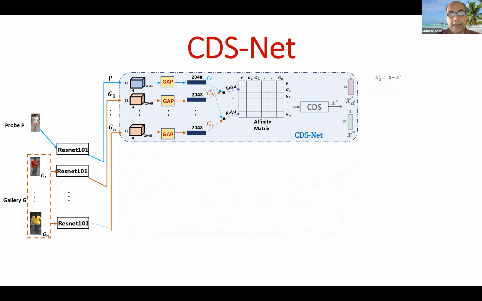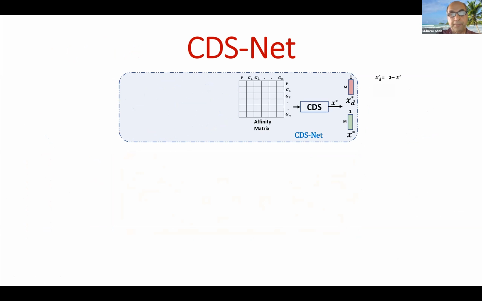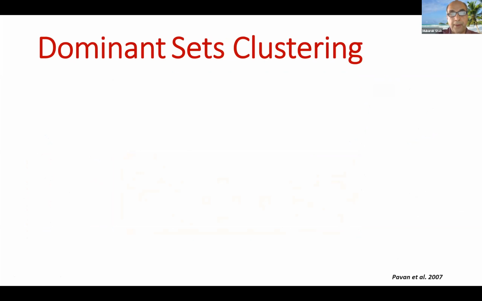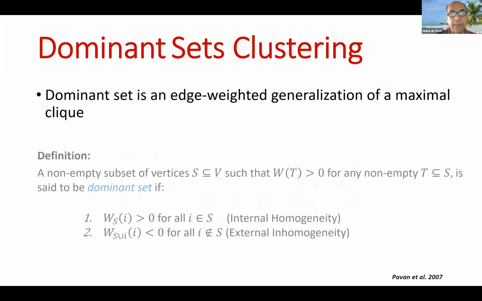So now we can talk a little bit about how the constraint dominant set works, and that's our main contribution, and that's what makes the difference. Dominant set is an edge-weighted generalization of maximum clique. It's a complete connected graph.